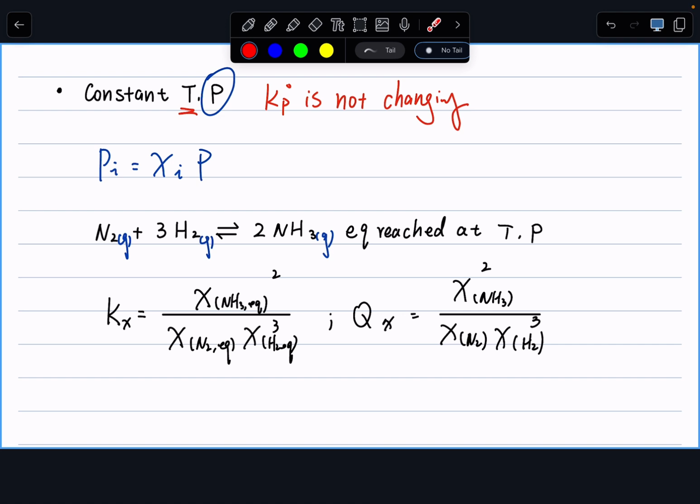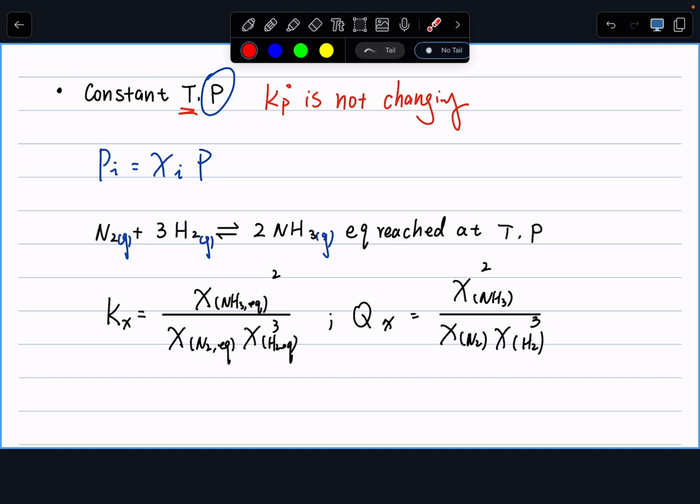So let's look at a case study here and try to see what it means when we say the Le Chatelier principle does not necessarily apply. Let's say at equilibrium, I'll first give you the number of moles. NH3 at equilibrium equals 1.00 mole. N2 at equilibrium equals 3.00 mole.